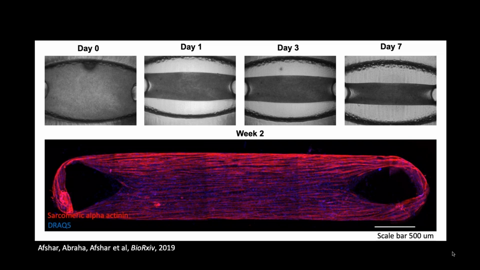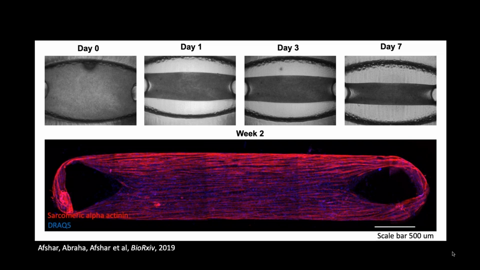And even within 2 hours, the cells will pull on the extracellular matrix and establish uniaxial tension and align themselves along that axis of tension and fuse to form multinucleated fibers. And this causes the tissue to compact over time from day 1 to day 14, such that you have a dense tissue across the 2 posts.